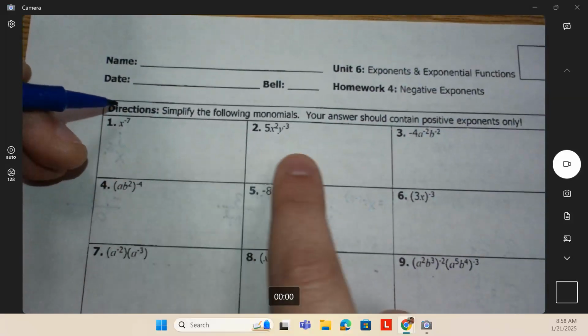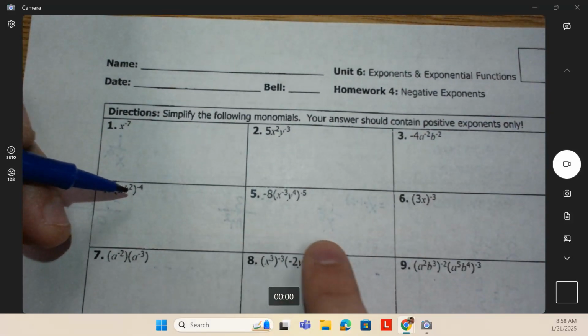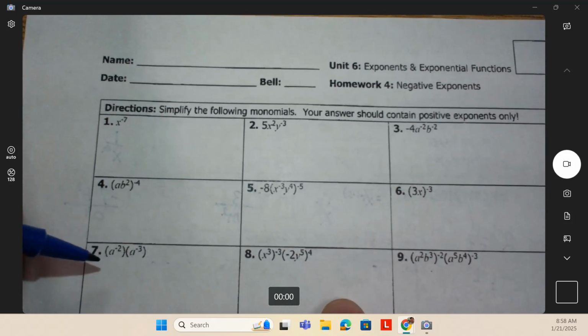I'll look through the back real quick. You can see the negatives pretty well on this one, and see if there are any that aren't popping up too well.